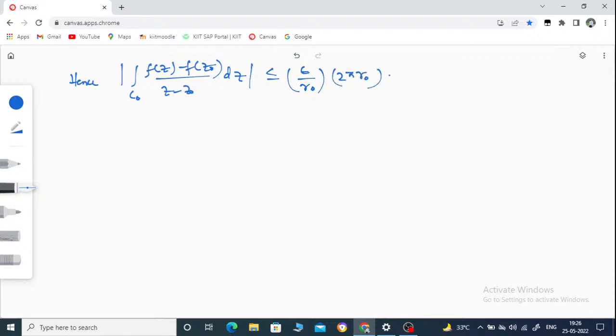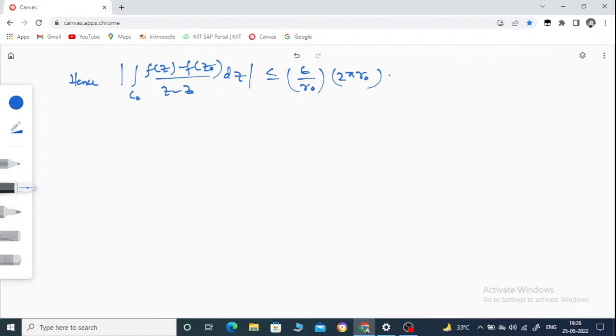Now the next page. Hence we can write the modulus of the integration over c0 of f of z minus f of z0 divided by z minus z0 dz is strictly less than epsilon by r0 whole into 2 pi r0. How can you write this?